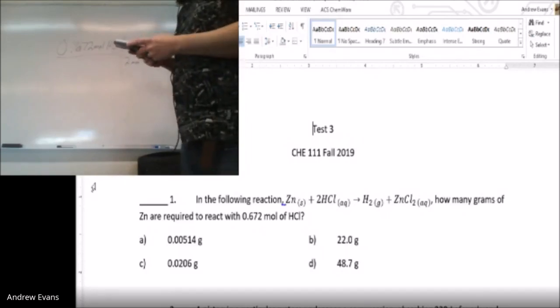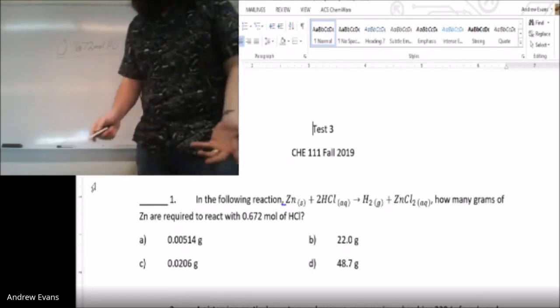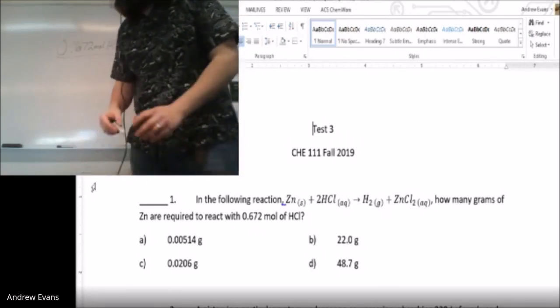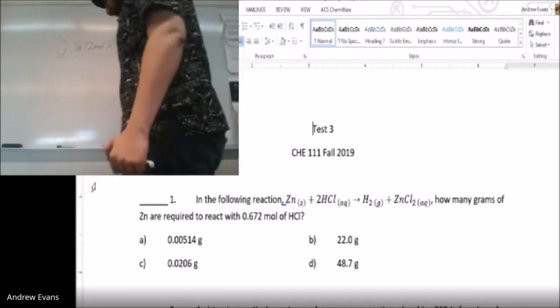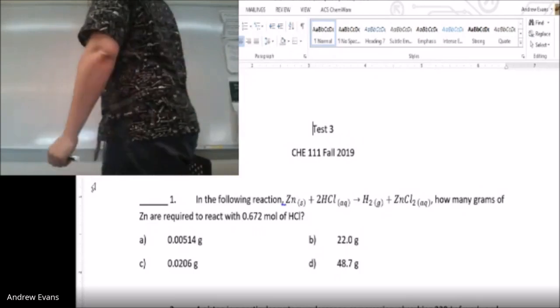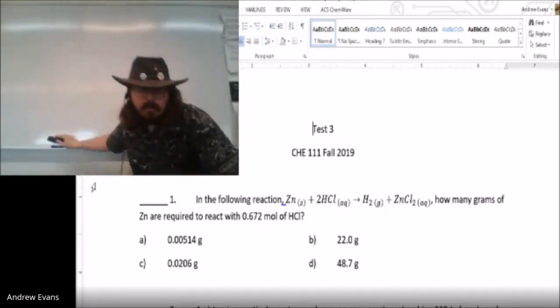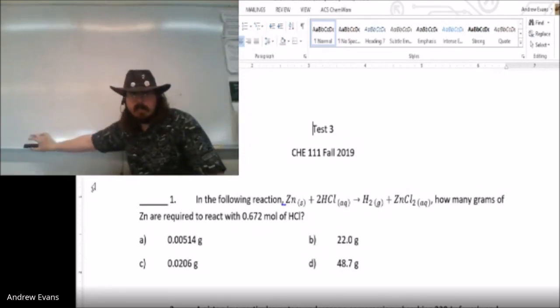So 0.672 divided by 2 times 65.4, you'd get 22 grams. You round up to 22 grams. So the correct answer is B.